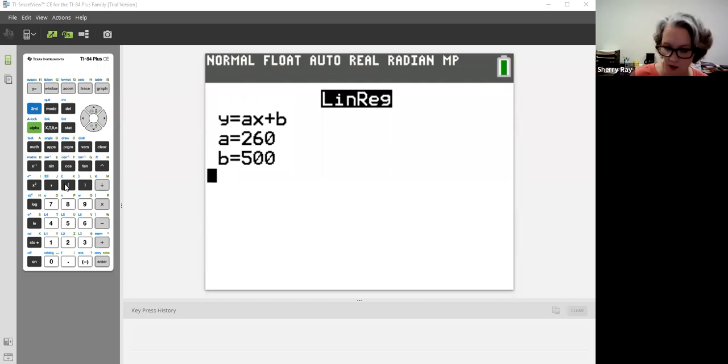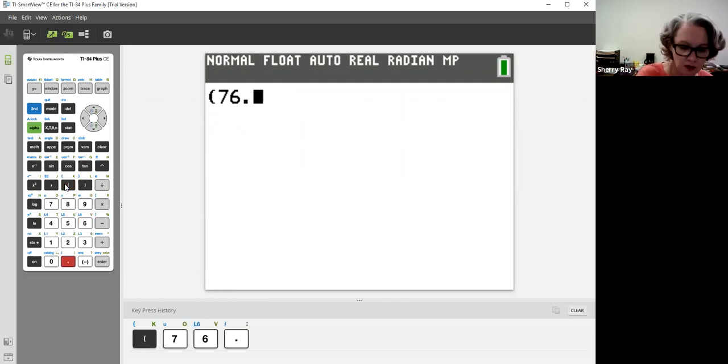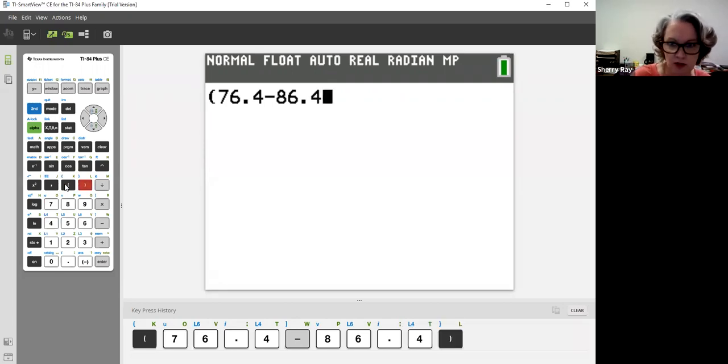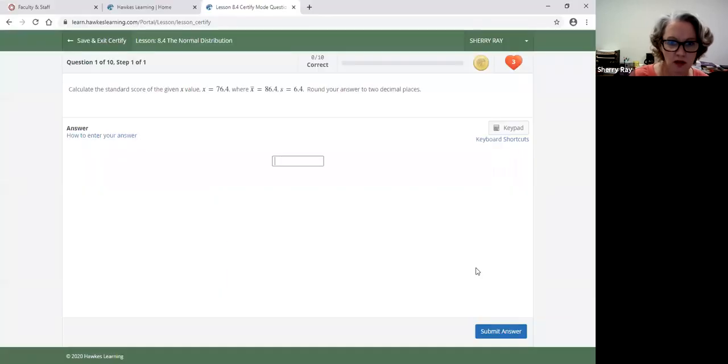When I type this in, I want to make sure I have parentheses around my numerator. So I need to take x, 76.4, subtract my x bar, which is the mean, 86.4, divided by 6.4. I might want to double check this. Let's go to my problem here. Yep, looks right.